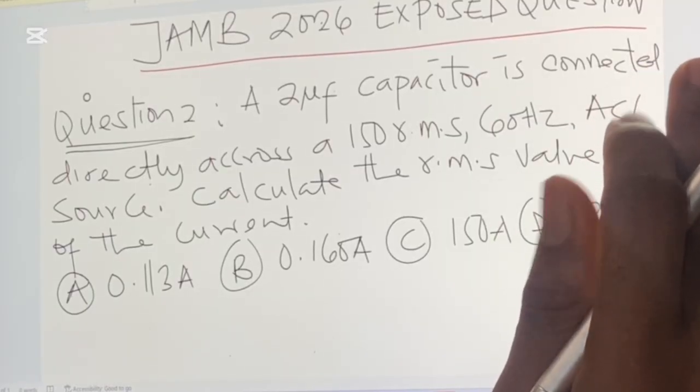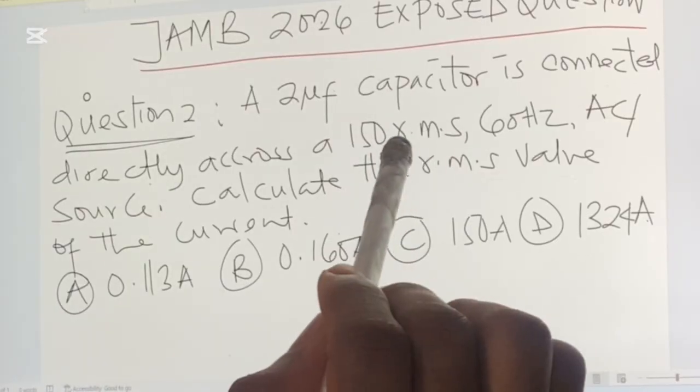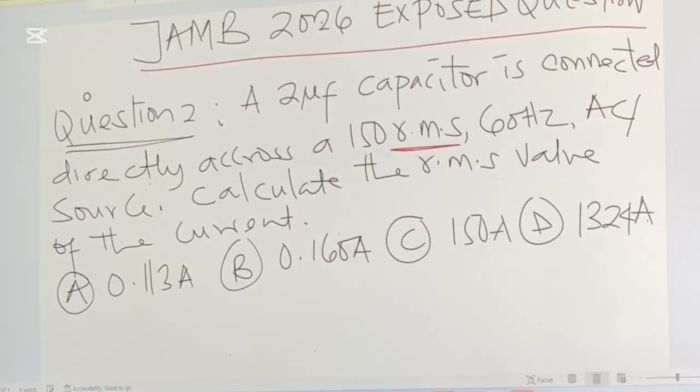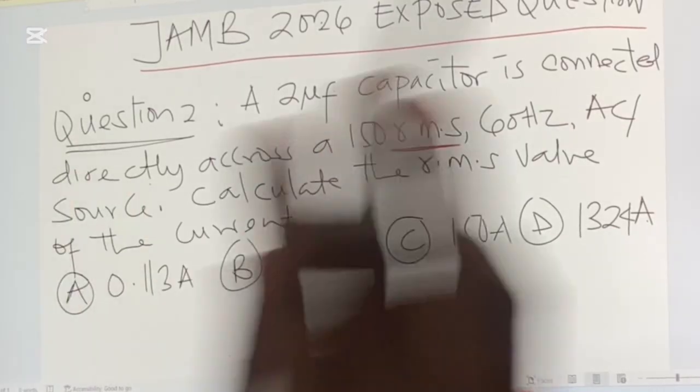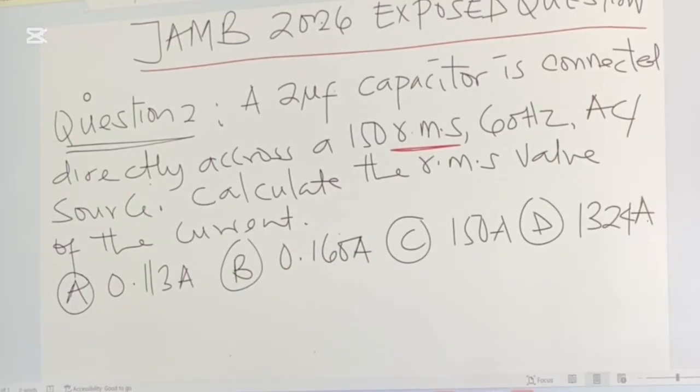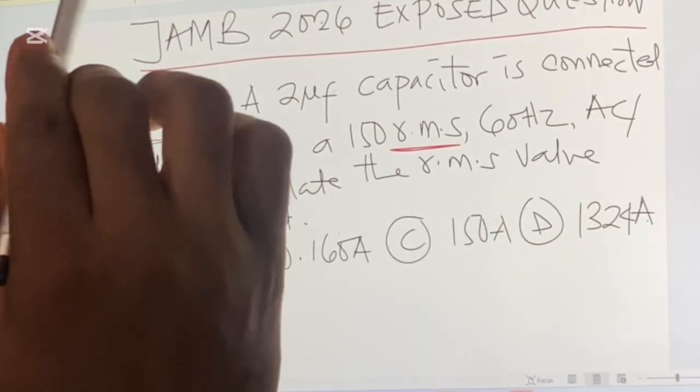The word RMS simply means root mean square. Calculate the RMS value of the current. These are the options given to us here.